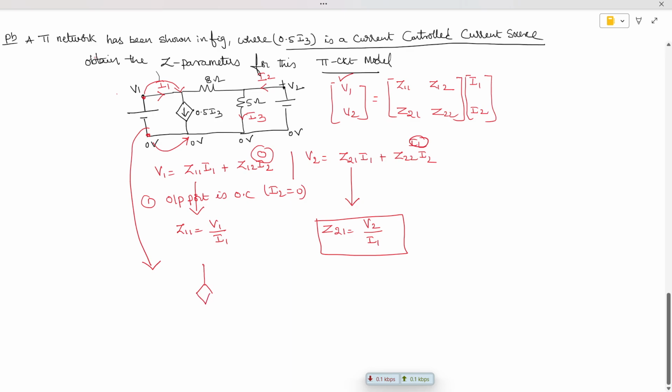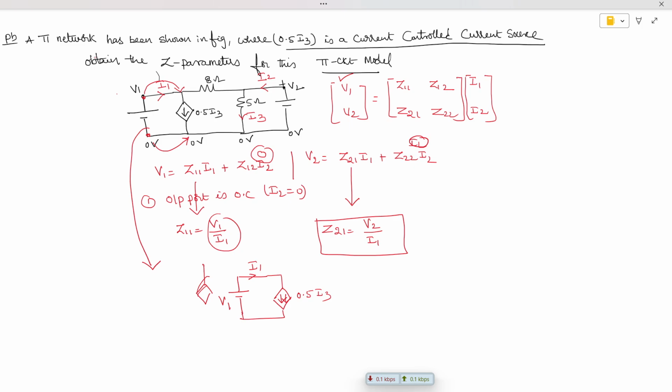Let's resolve it in a more simplified manner. We have V1 driving a current of I1, and here we have a current dependent current source with a magnitude of 0.5 I3. We require the relationship between V1 and I1.